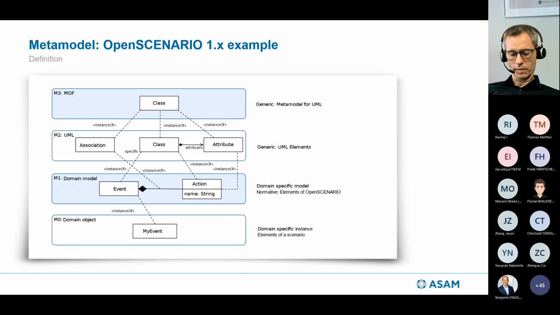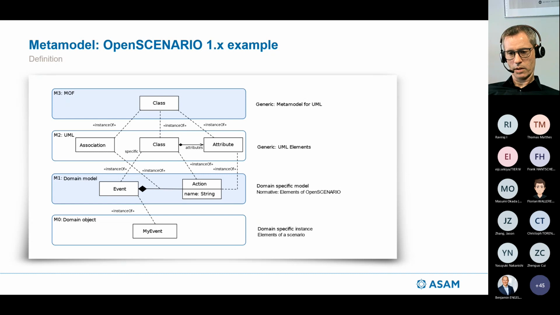Which brings us to the next upper level of the model layers, which is the UML level. That UML is the meta model of our domain model, and in UML you have elements like association, classes, and attributes.